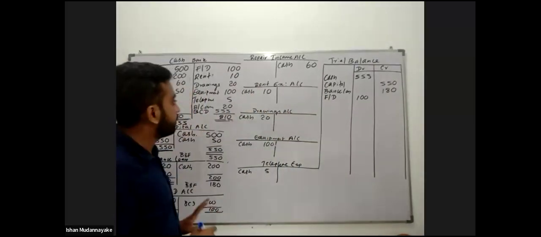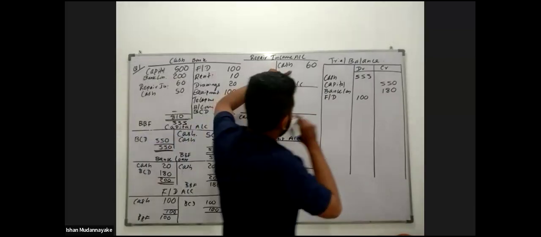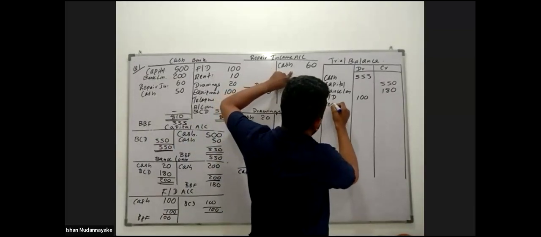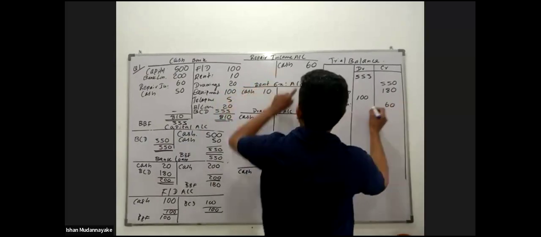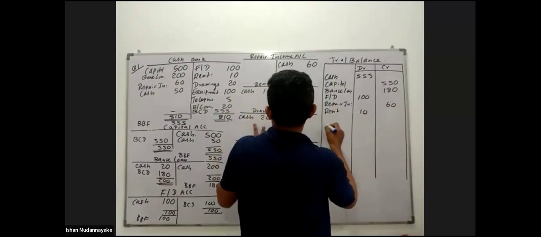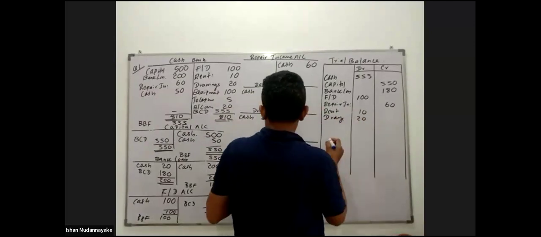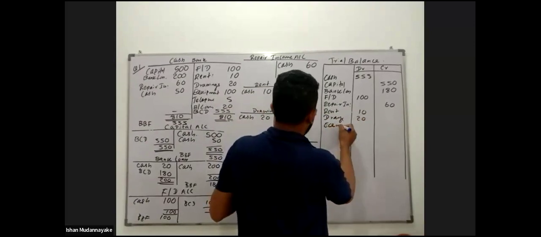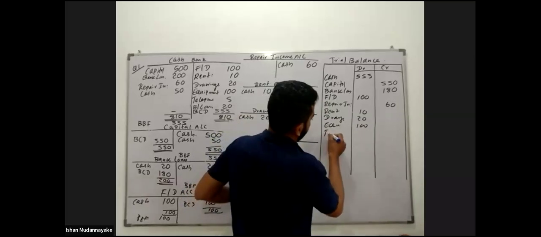So then here, fixed deposit debit 100,000, repair income credit 60, rent expense debit 10, drawings debit 20, equipment debit 100, telephone debit 5.